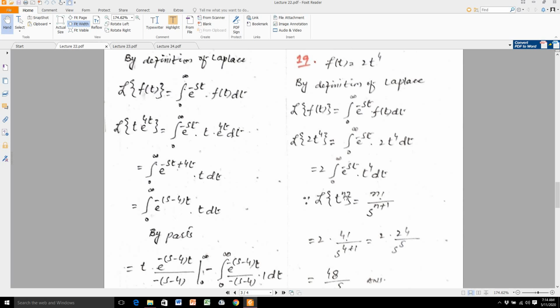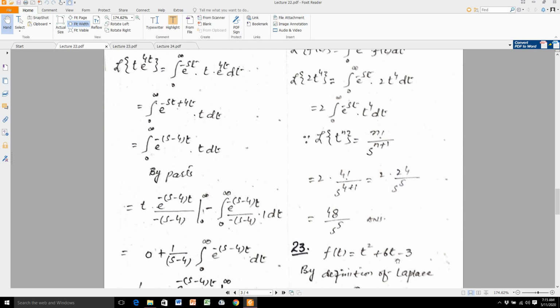When I substitute 4 for n, I get 2 into 4 factorial over s raised to the power 4 plus 1, because it is the Laplace of t raised to the power 4. In this way we get 2 into 4 factorial, meaning 24, divided by s raised to the power 5. When you simplify this, you get 48 over s raised to the power 5.